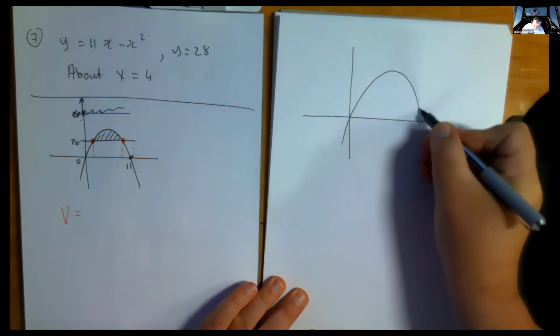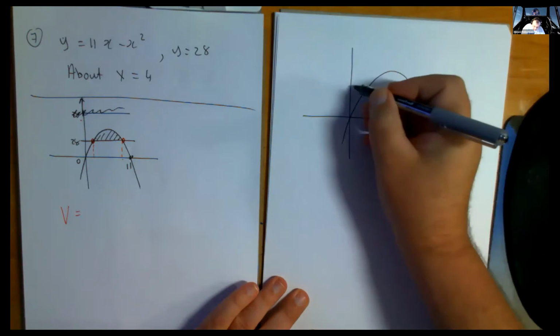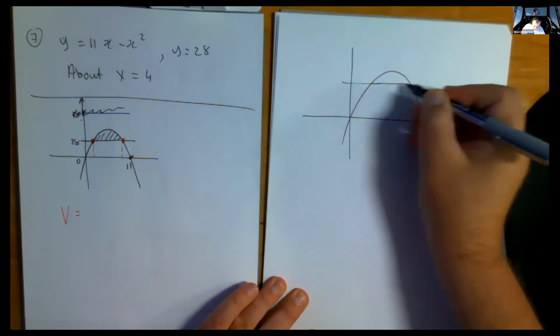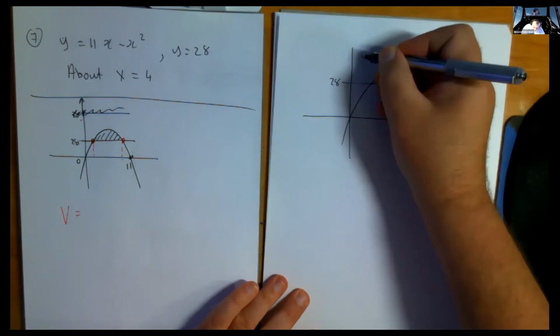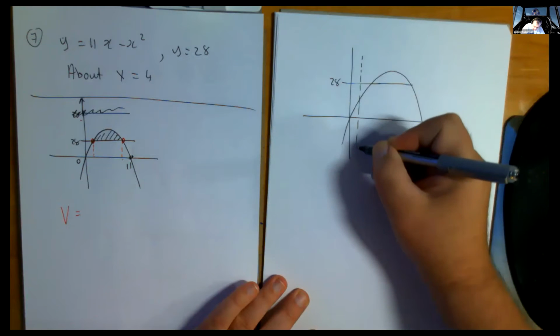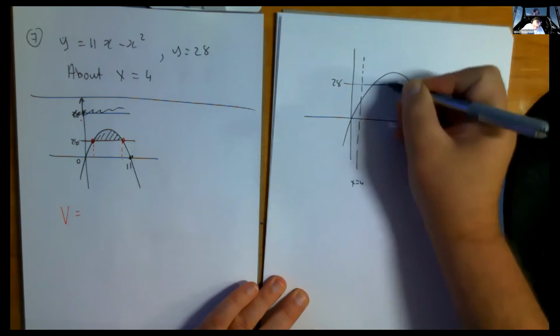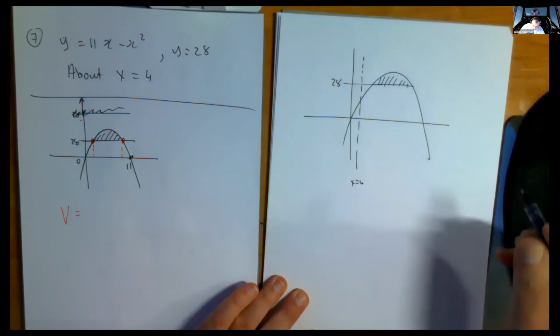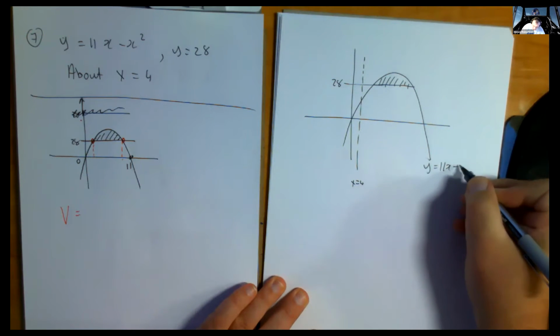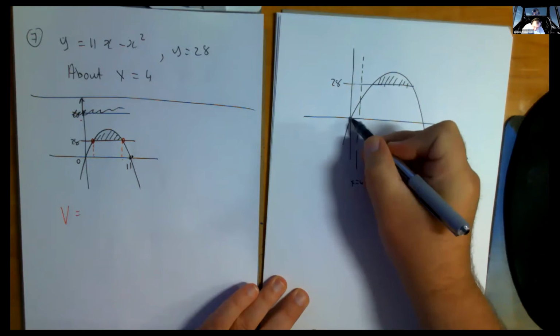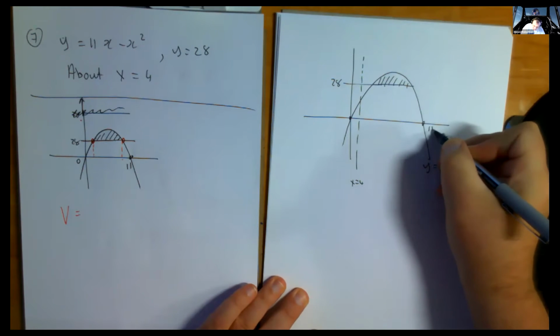This fella comes up and down like this. This guy is at 28. This is good. The line x equals 4 is going to be down here. And the shading is there. There's just an awful lot of bits and pieces that are not clear in my brain.